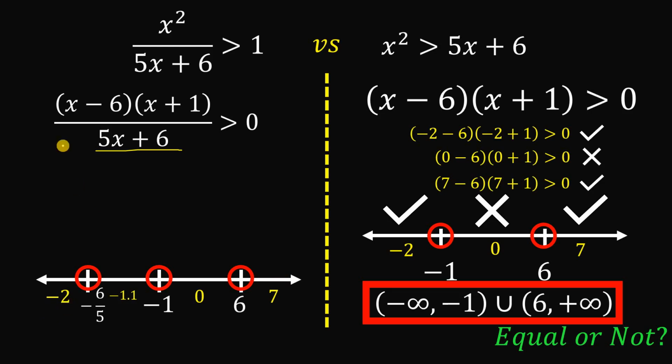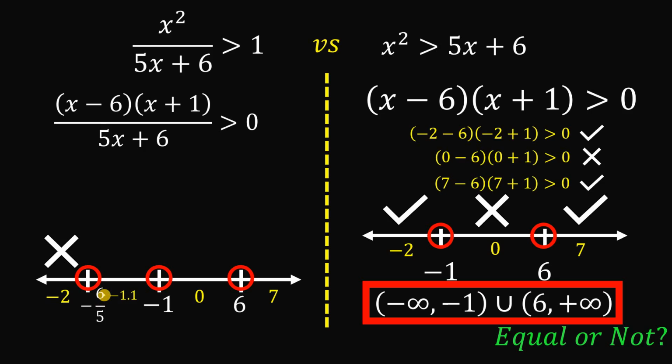So let's replace all x with negative 2. Now, this factor is negative. This factor is negative. The denominator is negative. Negative times negative is positive, divided by negative is negative. So this interval is not part of our solution because all numbers in this part are negative.